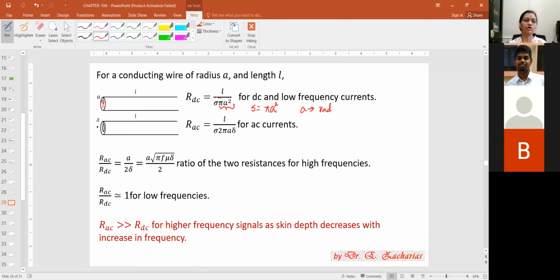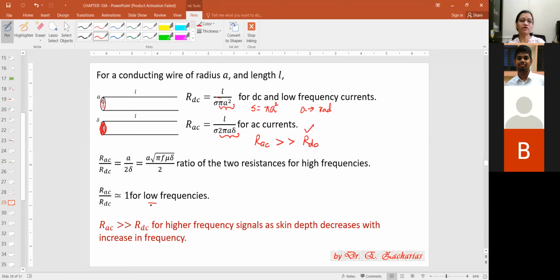Whereas when you're talking of high frequencies, the current is confined to just a small annular ring area. What is that annular ring area? It will be 2 pi A into delta, where A is the radius. So this is for AC. Now if you compare these two, RAC will be much, much greater than RDC for high frequencies.